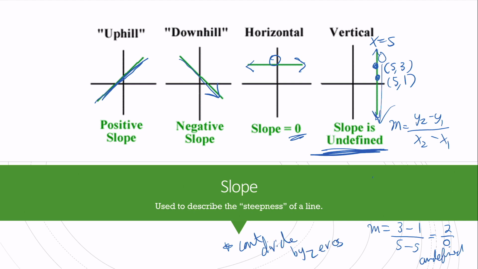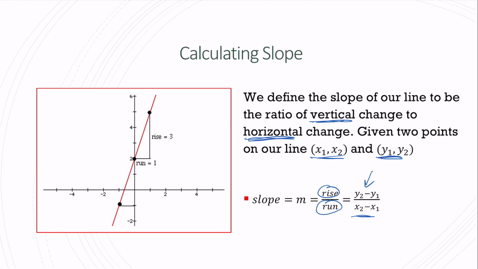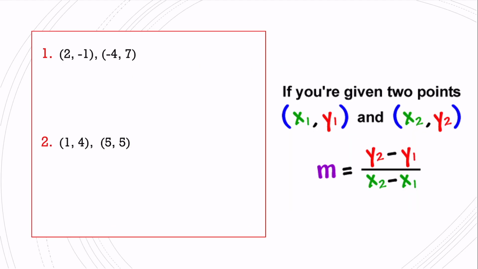So let's go ahead and calculate a couple more slopes using this slope equation. So I like to start by labeling all my points to stay organized. My x1 goes with my y1, my x2 goes with my y2. It doesn't matter which points are your x1, y1, and which points are your x2, y2. I just tend to go in order. So I'm going to take my y's minus my y's.